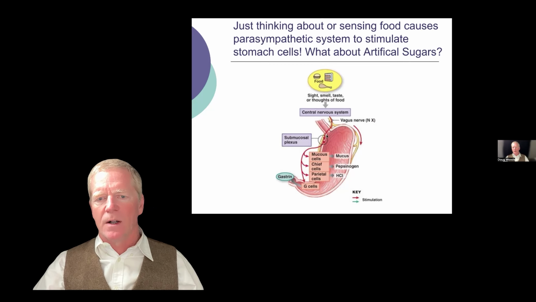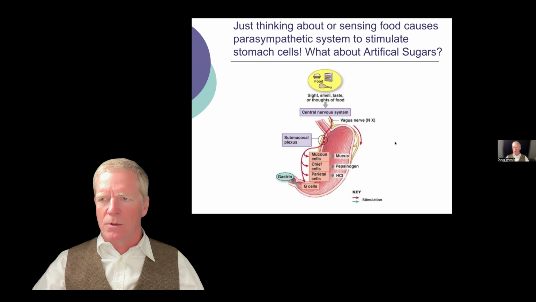So there are all kinds of different complexities to this signaling process, and a lot of it starts here in the stomach. And a lot of it is talking by the vagus nerve, but also hormones are being secreted into the blood, which also goes back and talks to the brain.